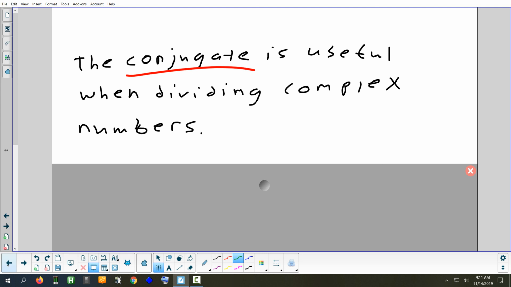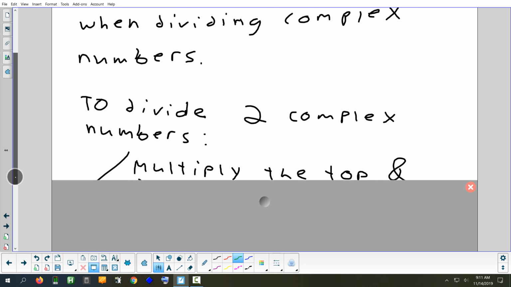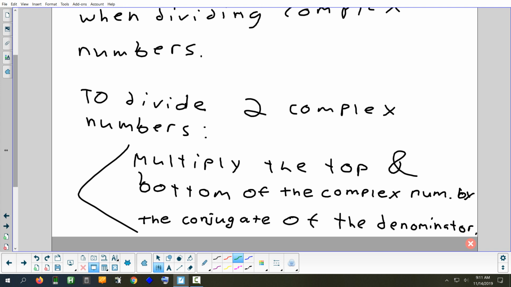And that's where we're going to use it. So, to divide two complex numbers, we actually do multiplication. That's how you do it. You take your problem, and you multiply the top and the bottom of your problem by the conjugate of the denominator. So to divide two complex numbers, multiply the top and the bottom of your problem by the conjugate of what's in the bottom.